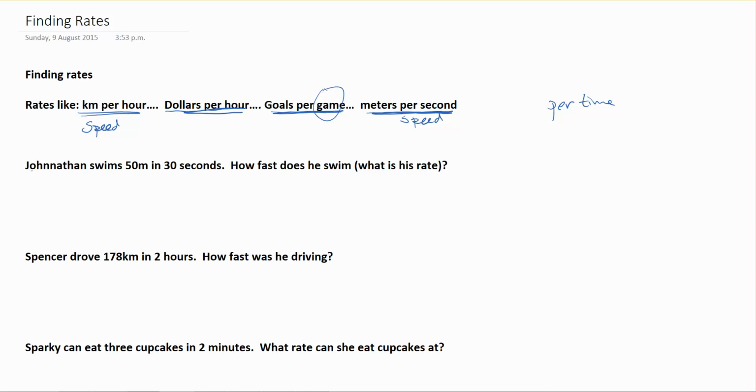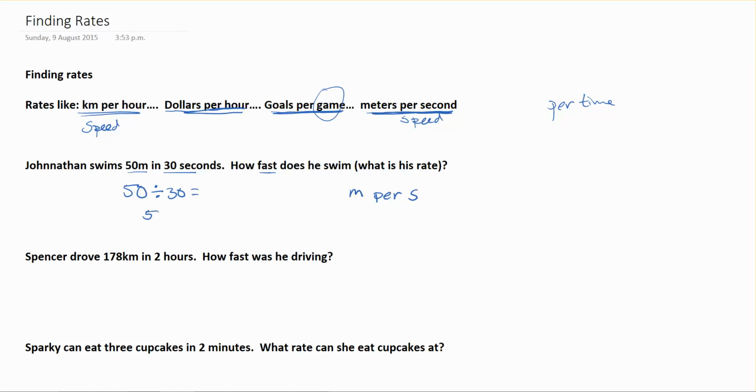So if we look at an example, Jonathan swims 50 meters in 30 seconds. How fast does he swim? So we're looking at his rate, because speed has to do with rate. And the rate we're looking for here then would be meters per second. So to do that, you can think about the word per being kind of like a divide. That's just going to be 50 divided by 30.